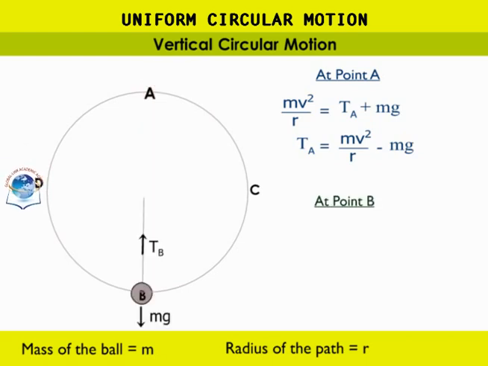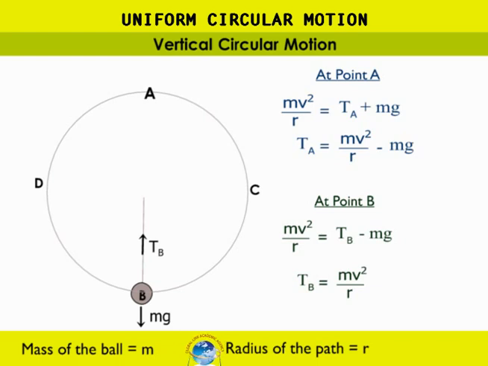When the ball is at B, which is the lowest point of the path, it is acted upon by the tensional force Tb and its weight mg. The centripetal force, therefore, is provided by the resultant force Tb minus mg. Rearranging, Tb is equal to mv squared over r plus mg.